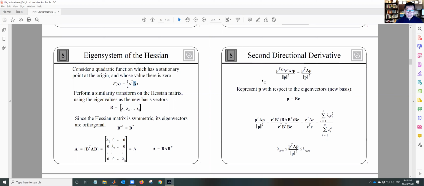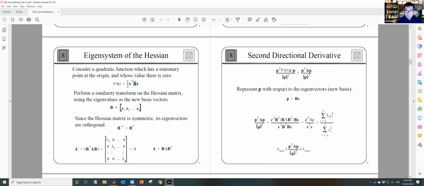Okay. Now, if we have the Hessian matrix, we calculate the directional derivatives, the second order derivatives, along a particular vector P. The second order derivative is A, because this is a quadratic function form and it's placed at the origin.